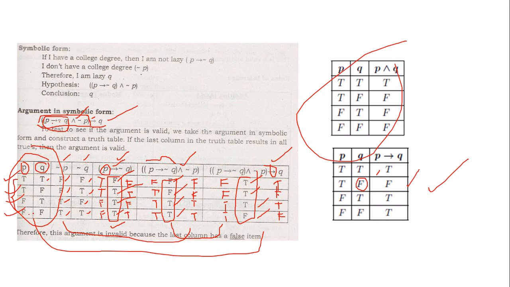But at the lowest row of the last column, it is false. So the argument is false. In order for the argument to be true, all of these must hold. But since there is a false, it is false. We do not know the truth values of these, that is why we take all the possible combinations. Thank you for listening.